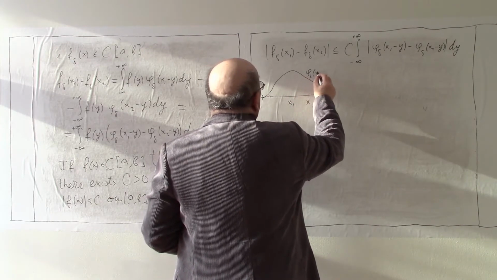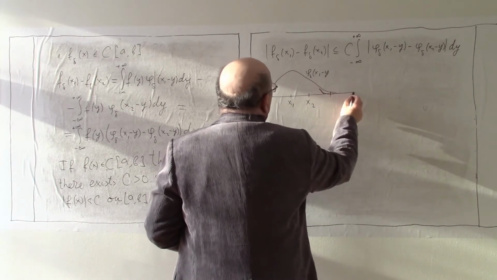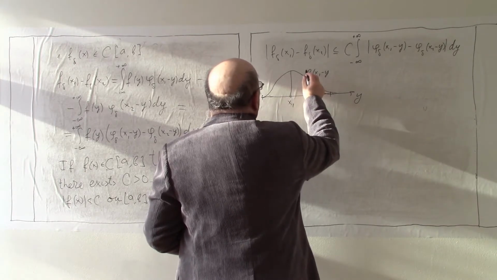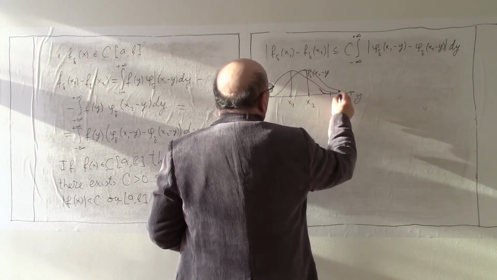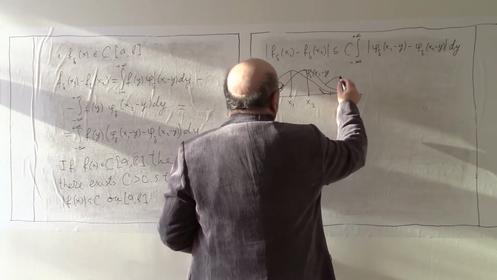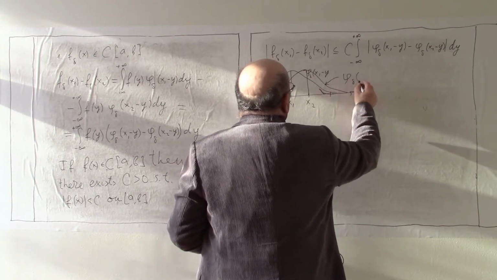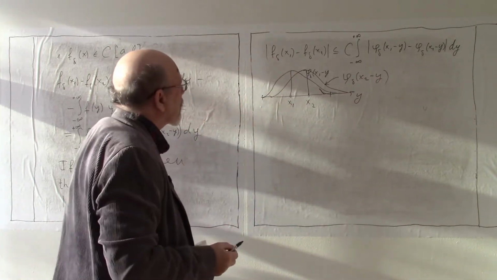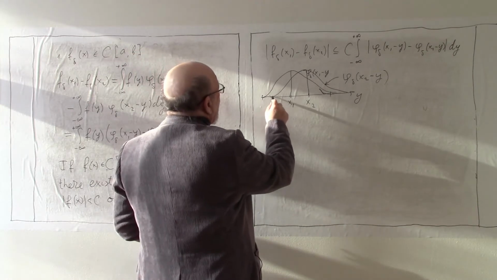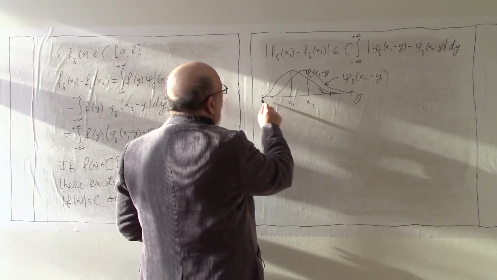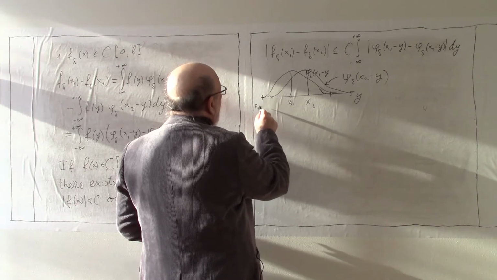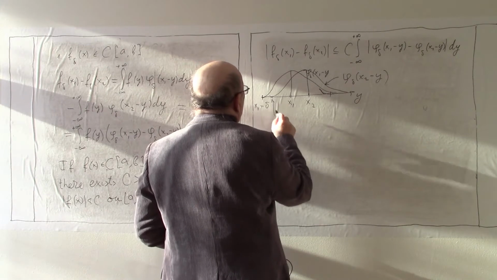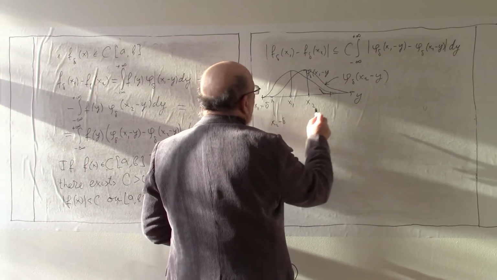Phi delta of x1 minus y, it is the y-axis. This is the summit, and this is the summit of phi delta of x2 minus y. So this point is x1 minus delta. This point is x2 minus delta.